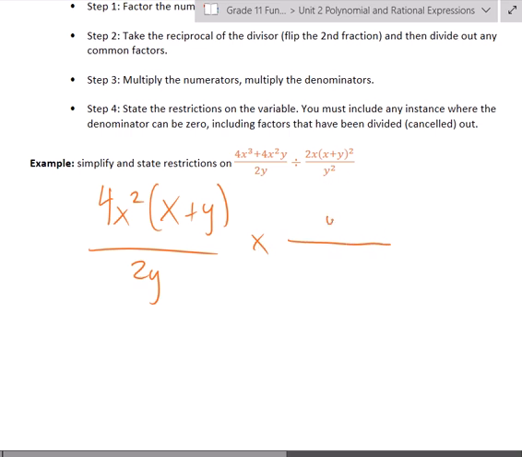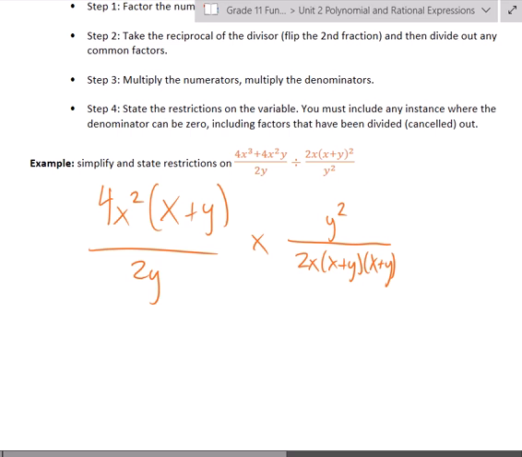So on the top we'd have y squared, and on our denominator we would have 2x times x plus y times x plus y. I'm just expanding this exponent of 2 here, just so we don't mistakenly cancel the x plus y with that x plus y there, for instance. Okay, we can now cross cancel.